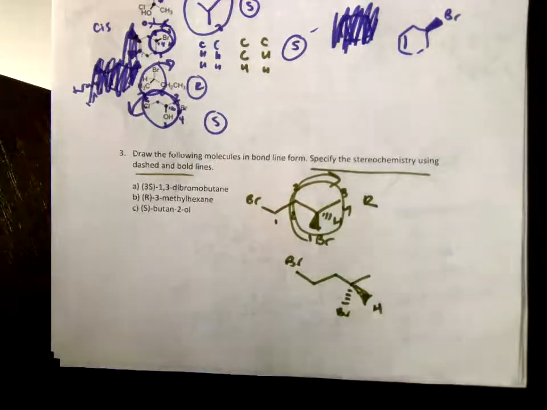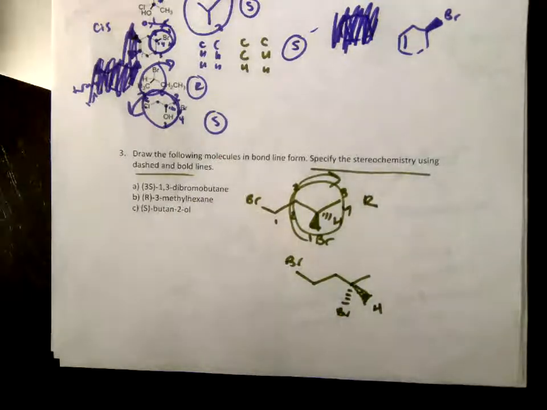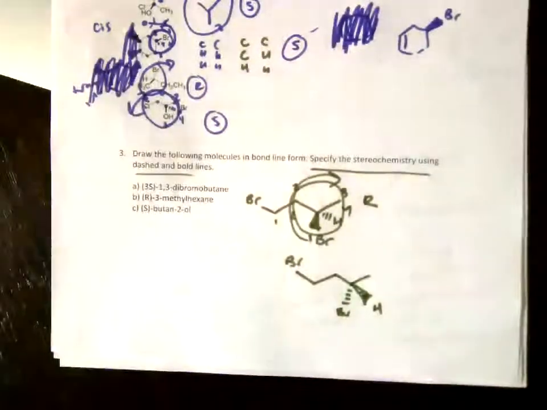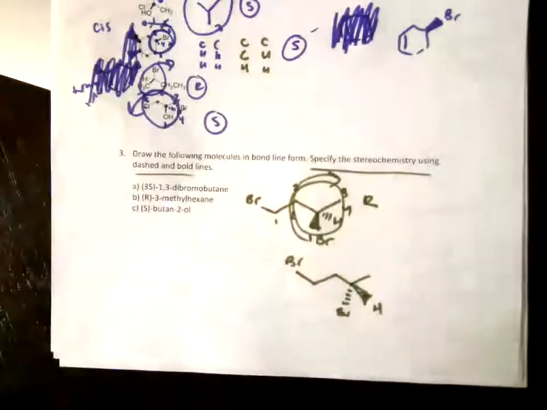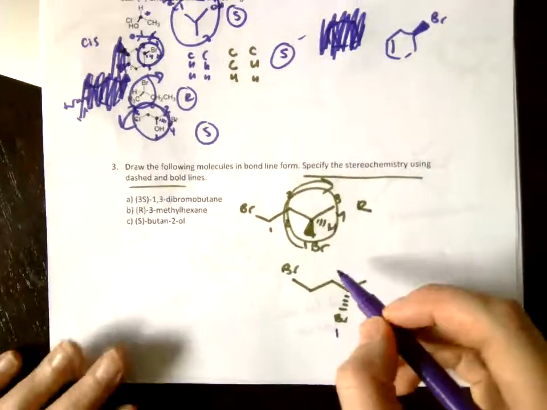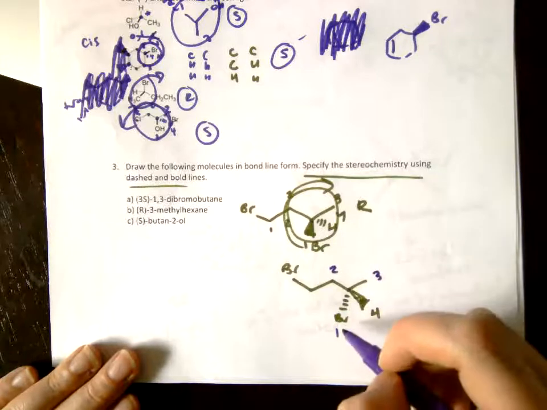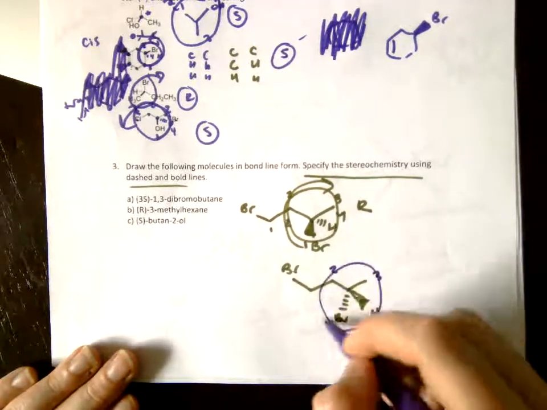Now to make sure, I will calculate or find the stereocenter. I found my purple marker. Okay. So bromine is 1, CH2 is 2, and CH3 is 3. 1, 2, 3.